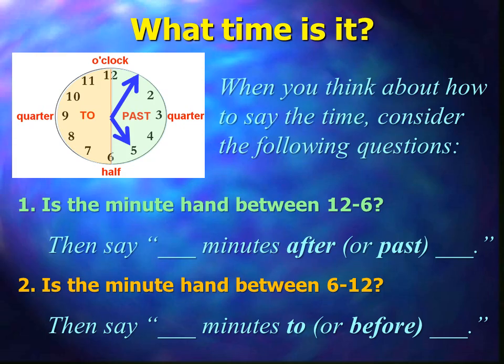Now, in our case here, the clock is showing that it is actually 5 minutes after 5, or 5 minutes past 5. It is very awkward to say that it is 55 minutes to the hour. Most people wouldn't say that.